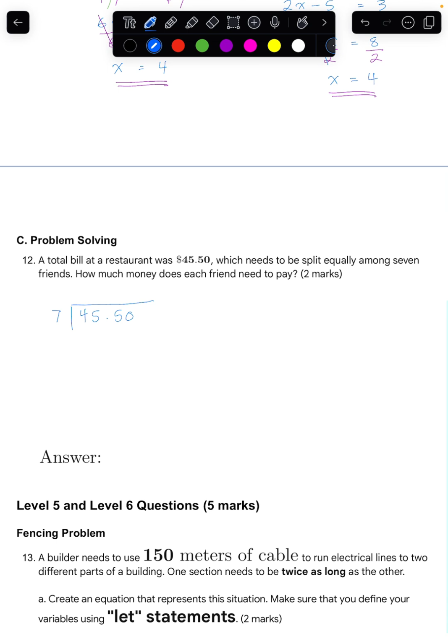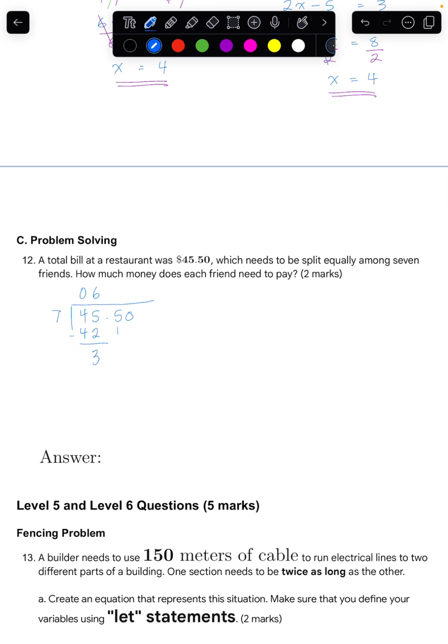So let's see, we start off just, how many times does 7 go into 4? Well, it doesn't go into 4 any times, so 0. How many times does 7 go into 45? Well, it goes into 45 6 times. 6 times 7 is 42. So 45 minus 42 leaves us with 3.